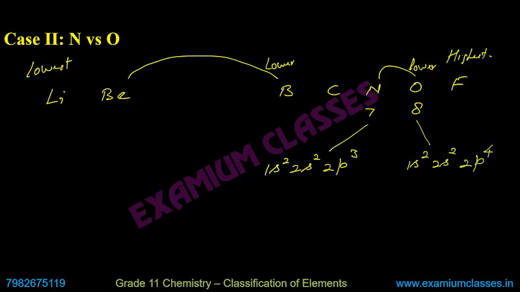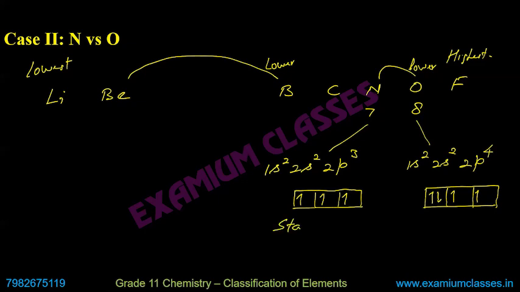Now, if you see the outer electronic configuration in p, 3 electrons, as per Hund's rule of maximum multiplicity, in p will occupy 1 orbital each. But in case of oxygen, there are 4 electrons, so this one will be paired. So there are two ways to explain this. As per Hund's rule of maximum multiplicity, this one will be a stable configuration.